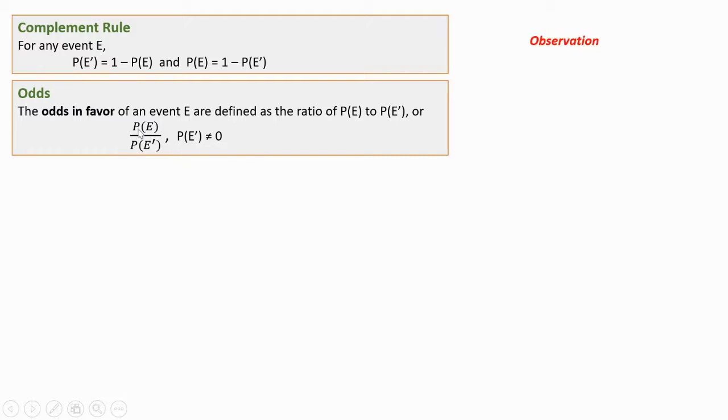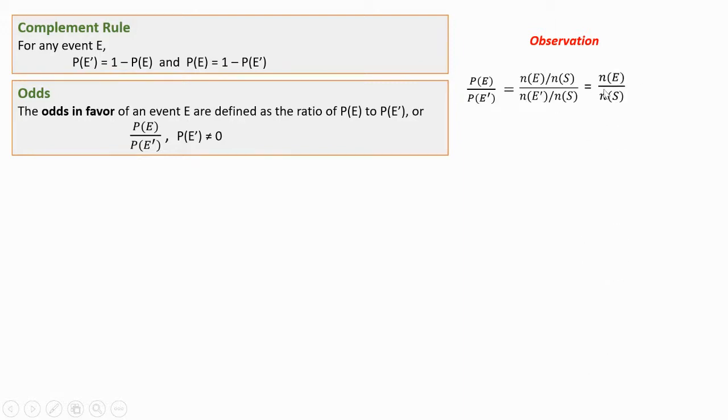Okay, observation: this is where the formula comes from. The probability of E is the number of the event over the sample space, and the probability of not E, or the complement of E, is the number of the complement of E over the sample space.